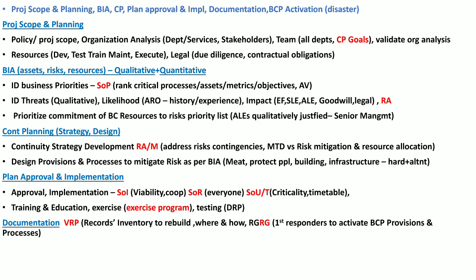Then there are certain other documents which were not covered in the earlier part of this video. That is the vital record program, which is the inventory of all vital records which are required to rebuild an organization in case of any disruption. This vital record program tells where and how to access these records in case of any disruption.